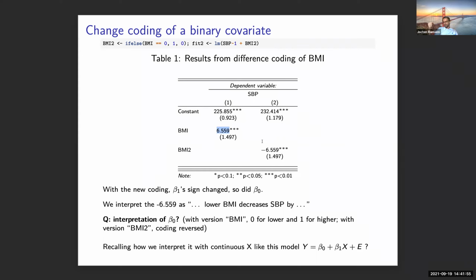So what happened now? When you're recoding your BMI, you are essentially changing your covariate. Before, your reference category was those with a low BMI, and you were adding 6.6.